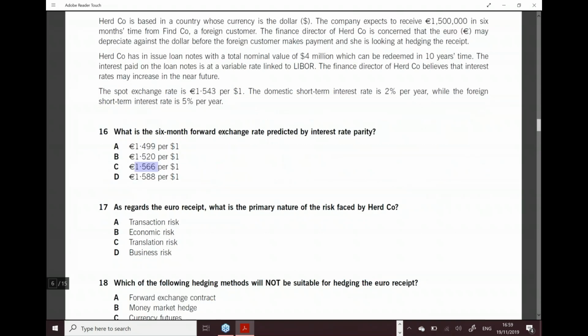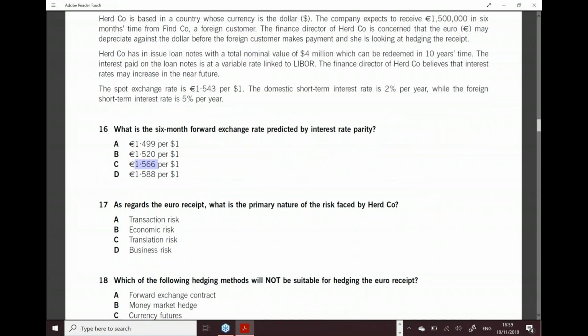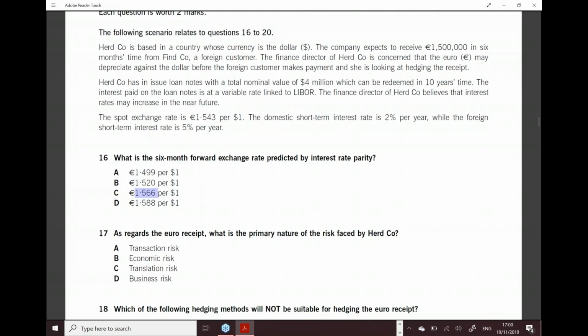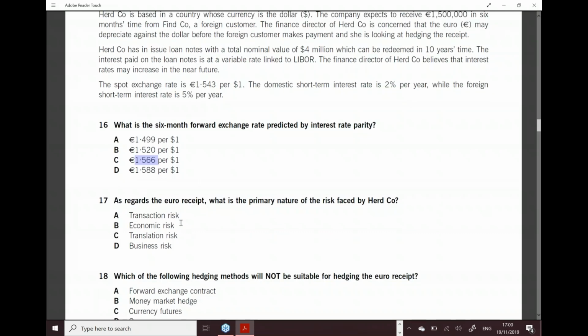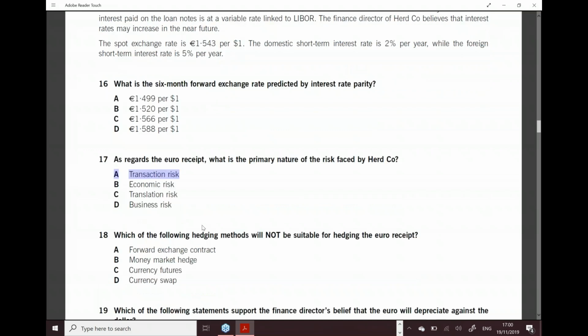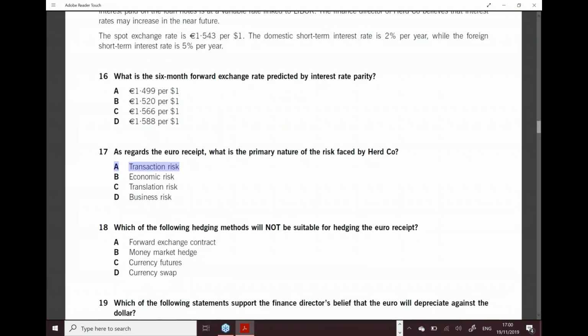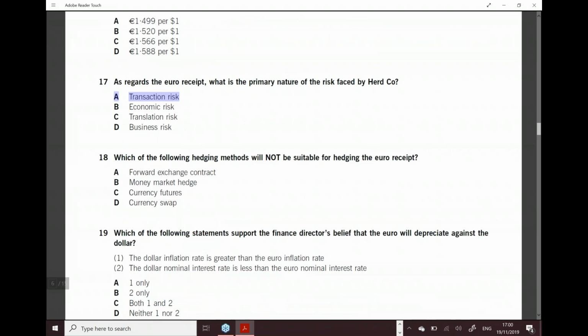Okay. As regards the euro receipt, which primary nature of risk is faced by Herd? So what's happening? You're receiving some money from a foreign customer, which makes it a transaction risk, because you've done a transaction and you're getting money in the future. You're not sure how much it will actually convert to. Which of the following hedging methods is not favorable for hedging the euro receipt?